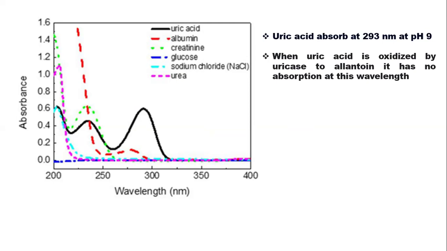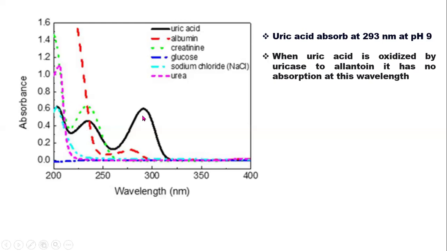But when it's in its intact form, the uric acid without any action of any enzyme on it, it can absorb at 293 nanometers. You can see from this black chart, which is for the uric acid, the highest peak at 293 nanometers.